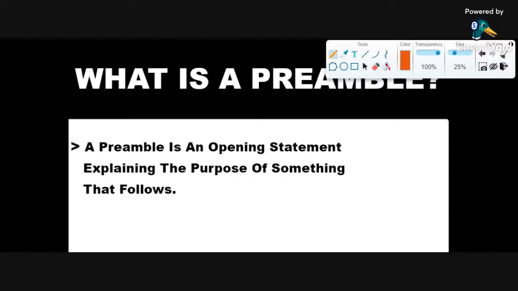You can use a preamble, and you may decide not to. So even in answering summary questions, the use of a preamble is not compulsory. Get this clear. It's not mandatory. It is optional. So you may or may not use a preamble.